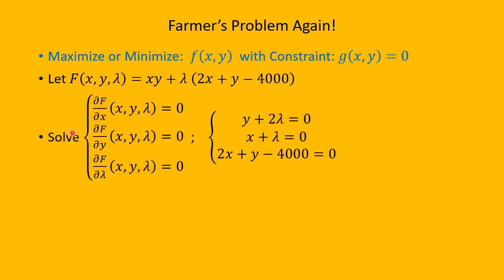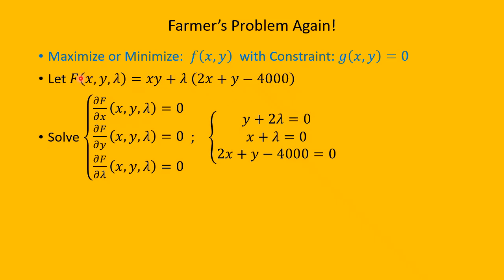So then we want to solve these three equations for the partial of capital F with respect to x, y, and lambda. And all of those partial derivatives are equal to 0. This first equation just gives us y plus 2 lambda equals 0. We can see that pretty easily up here.